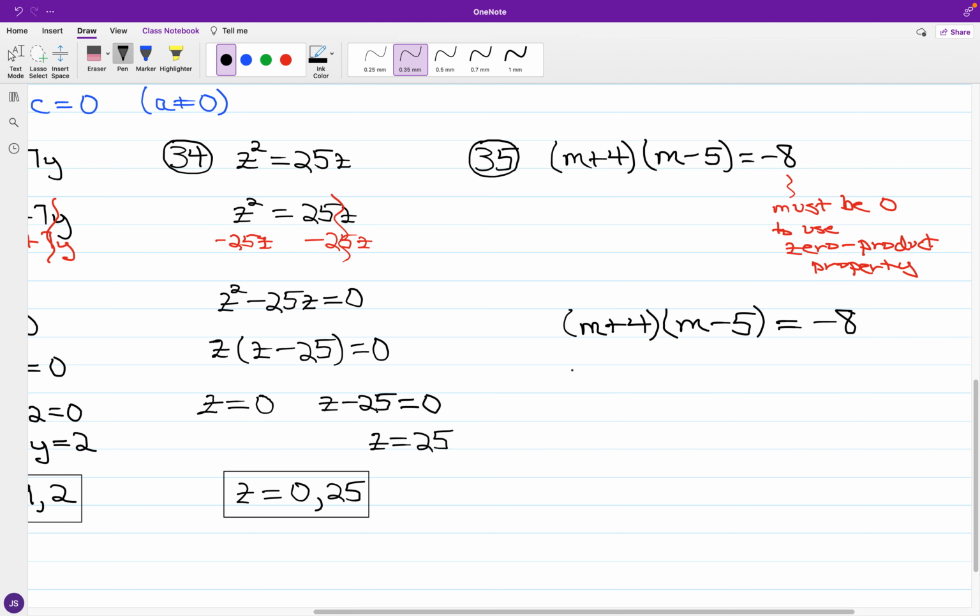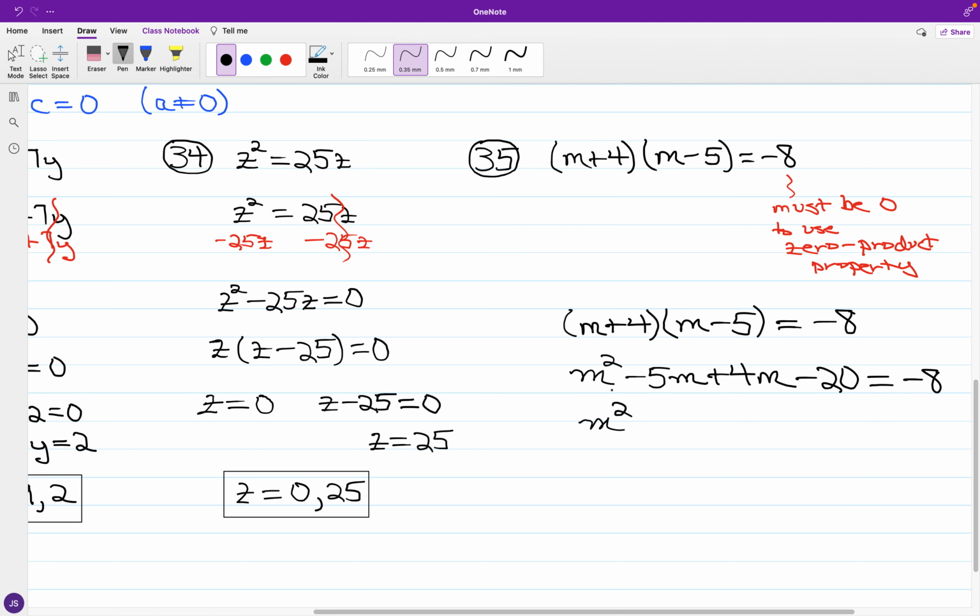So we have first product, M times M is M squared. Outside product, M times -5 will be -5M. Inside product, we'll have 4M, and the last product we have -20, and this is equal to -8.